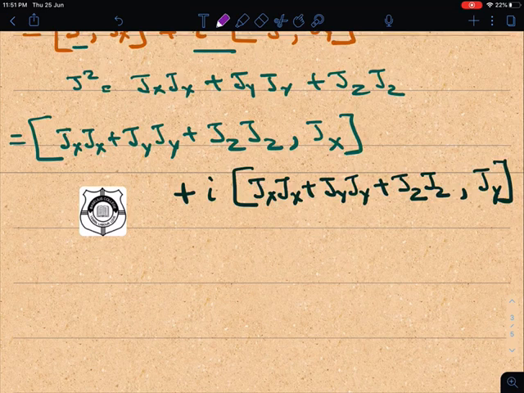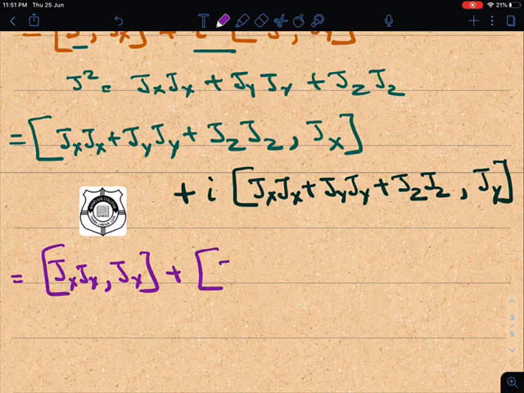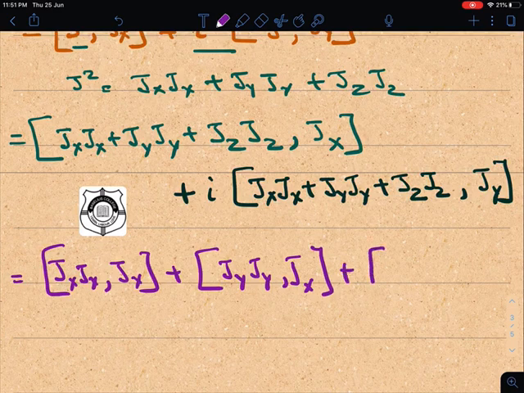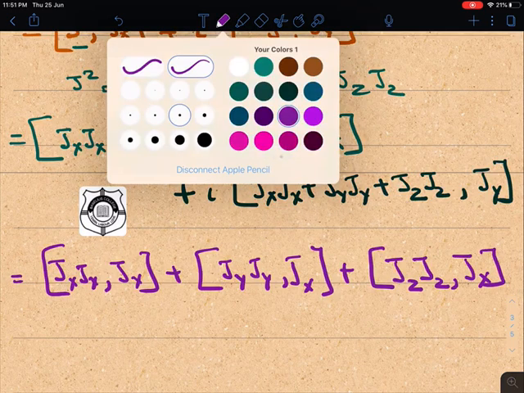So we have the commutator of A plus B plus C with D, and it will become the commutator of Jx square with Jx, plus the commutator of Jy square with Jx, plus the commutator of Jz square with Jx.